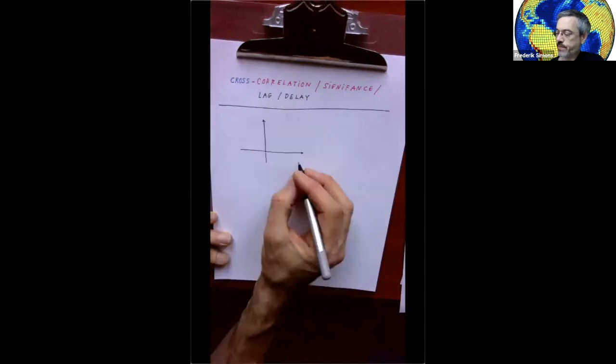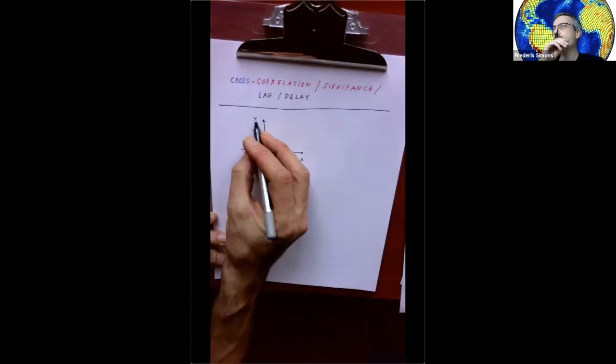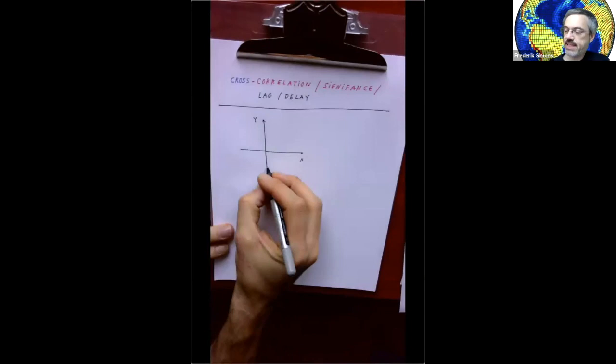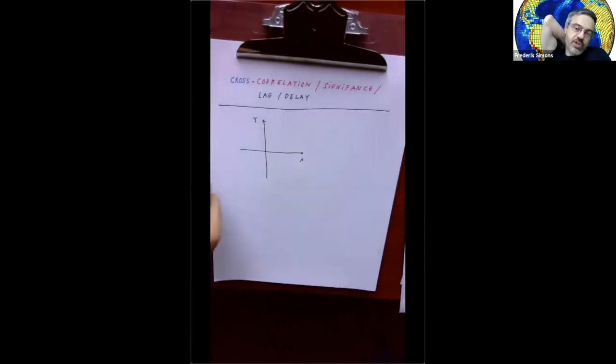X and Y. And let me ask you, what is the general behavior that I expect in this space if, let's say, X is the temperature in Boston, and Y is the temperature in a southern city, an equivalent amount of degrees south of the equator than Boston is north of the equator. What's the sort of general behavior that I expect?